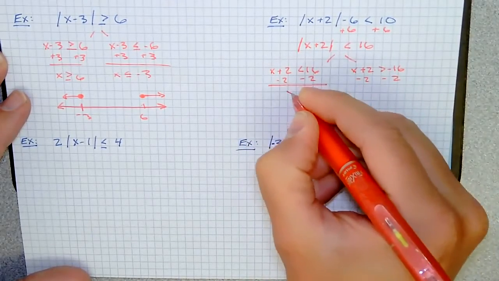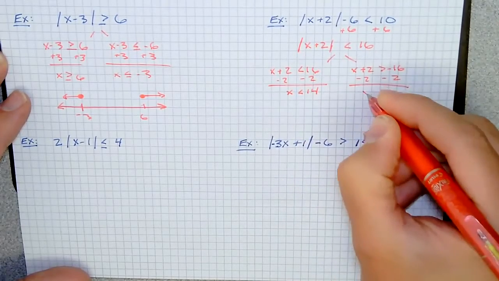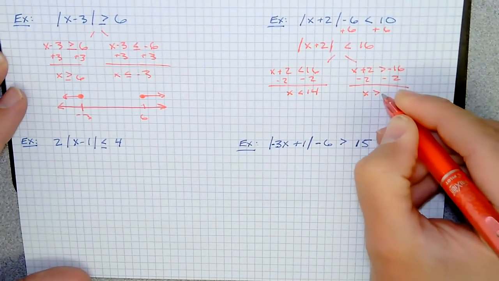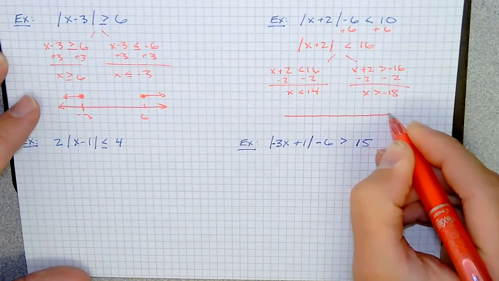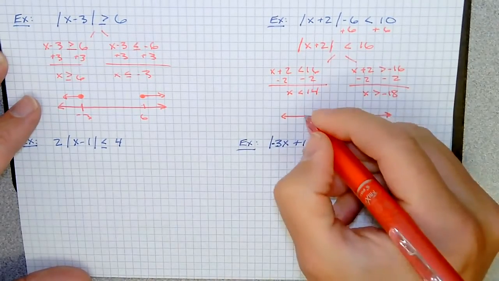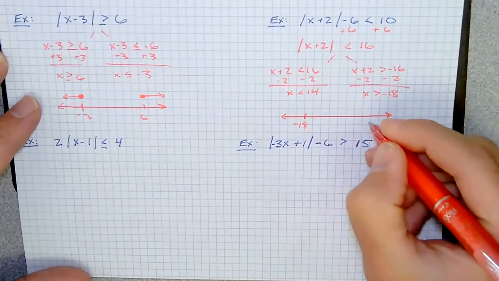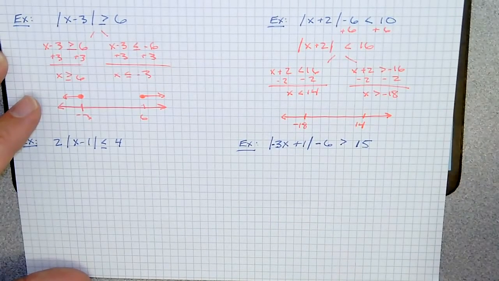Subtract 2 across the board. x is less than 14 and x is greater than negative 18. All right, open dot or closed dot?